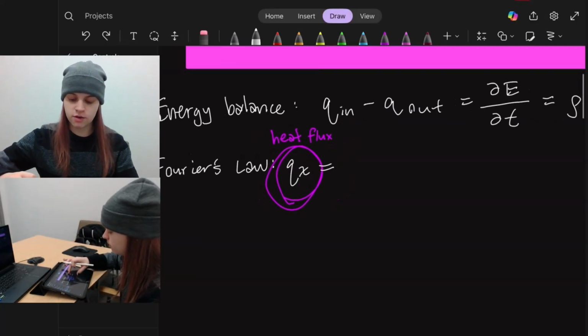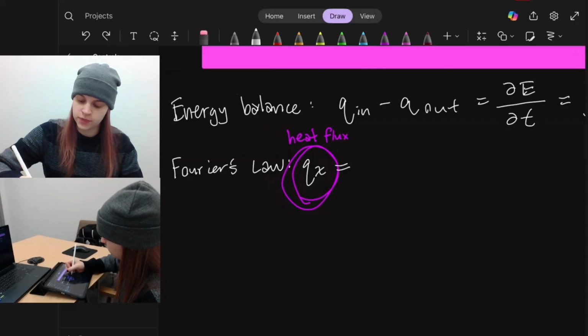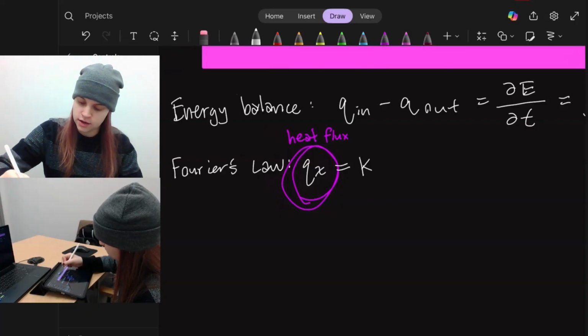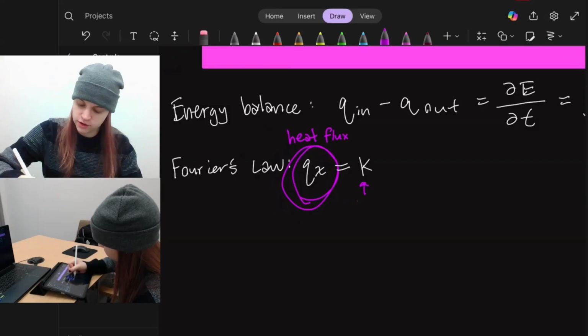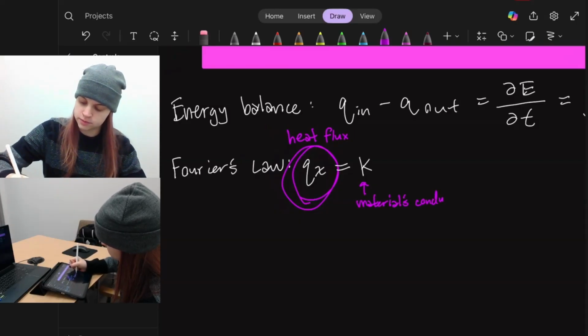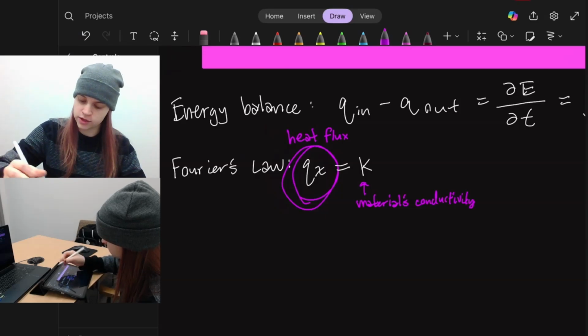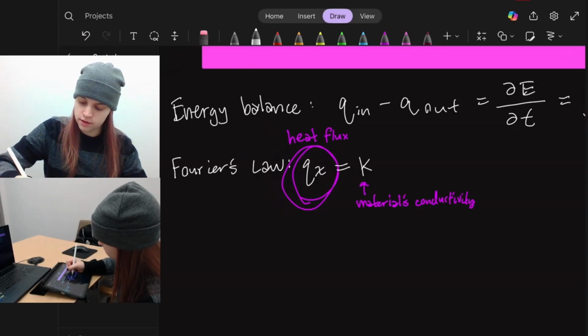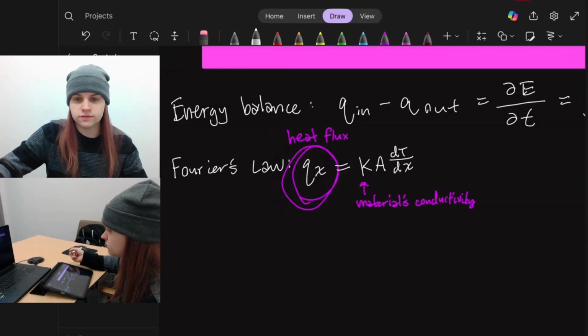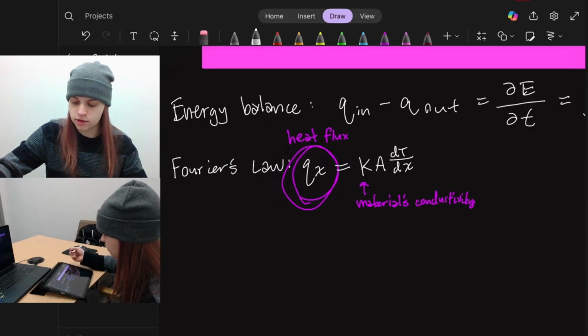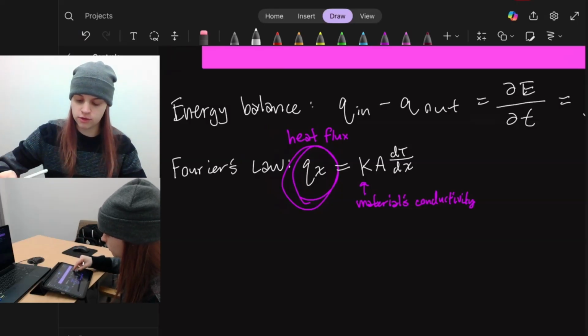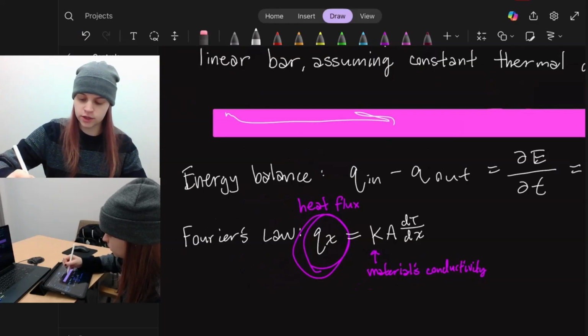So for Fourier's law, we have the heat flux is equal to K, which is the material's thermal conductivity, K times A times dT/dx. So how the temperature changes as you're, in this example, moving across the bar.